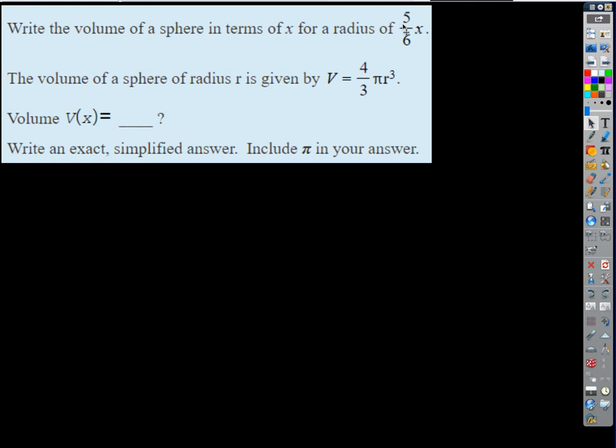Substitute. Right? Everybody see that? That's all I'm doing. I'm substituting 5 - 6x in for r, right? So I've got that quantity, and then I would just simplify using properties of x, no big deal, right?